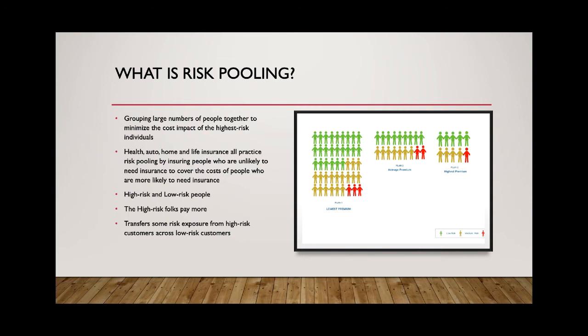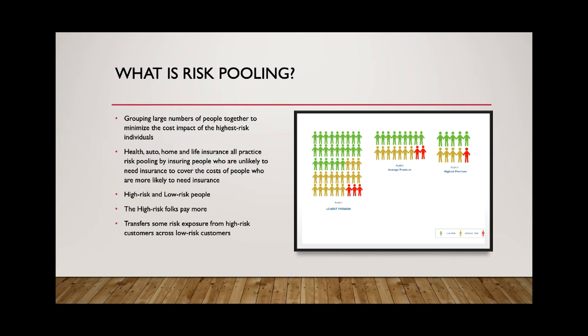If you look at the little diagram here on the right, you can see that what we're trying to illustrate is folks that are color-coded, from green being not very risky people, to a little more yellow, the medium risk people, and then the red is the highest risk people. So what you're doing here is grouping together people of varying types of risk into larger pools and charging them a premium based upon their risk categories.